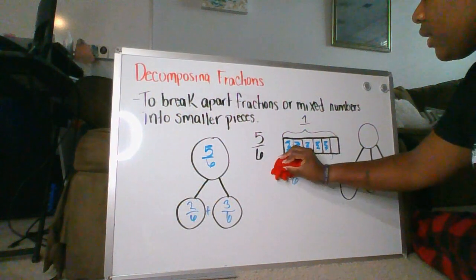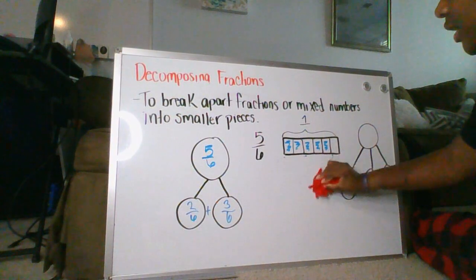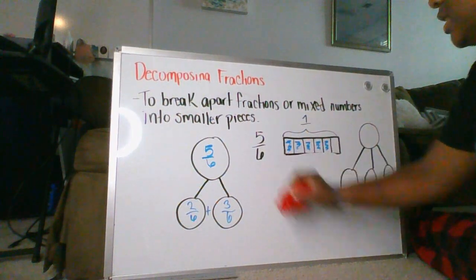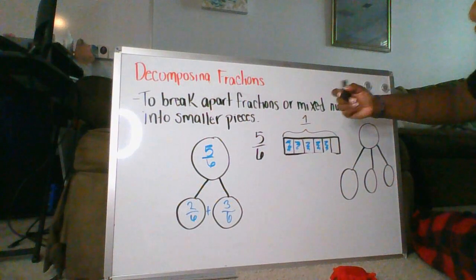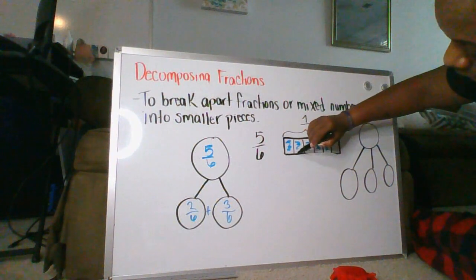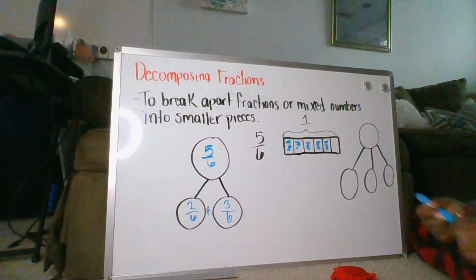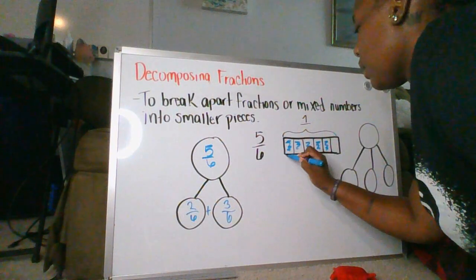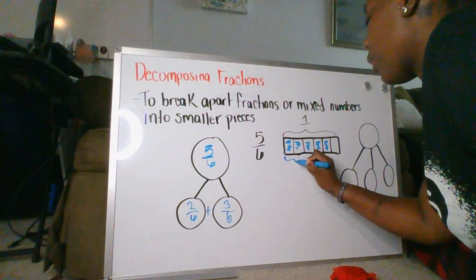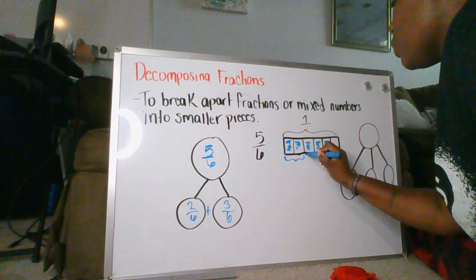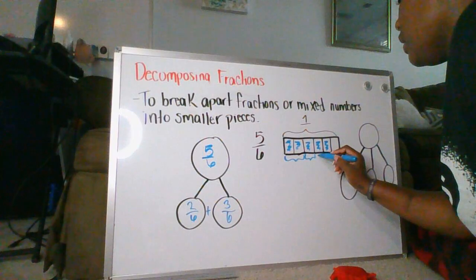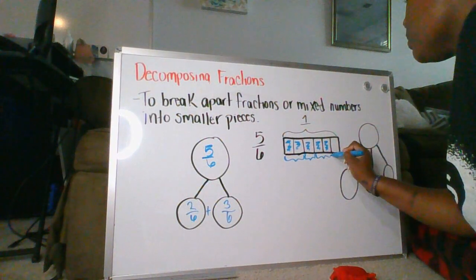Or I can use another set of numbers. Instead of it being 2 and 3, I can break it down into even smaller pieces. And I can say these 2, this 1, and then these 2.